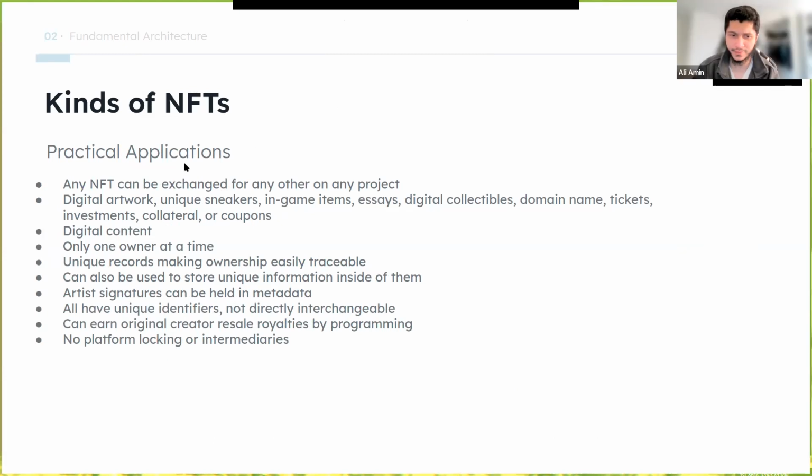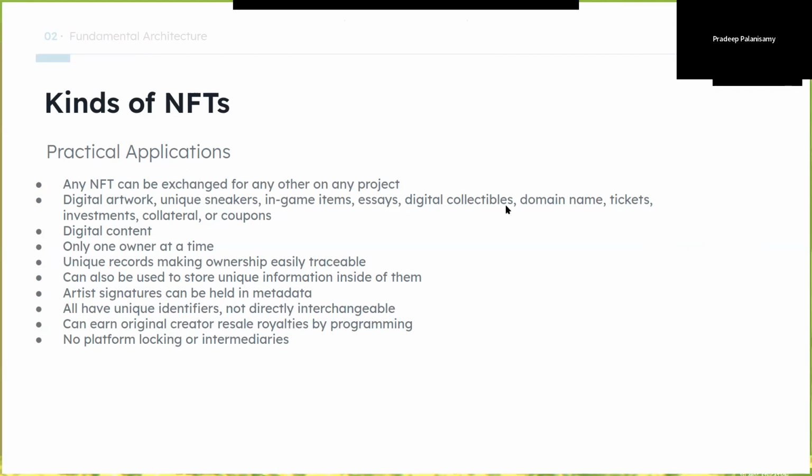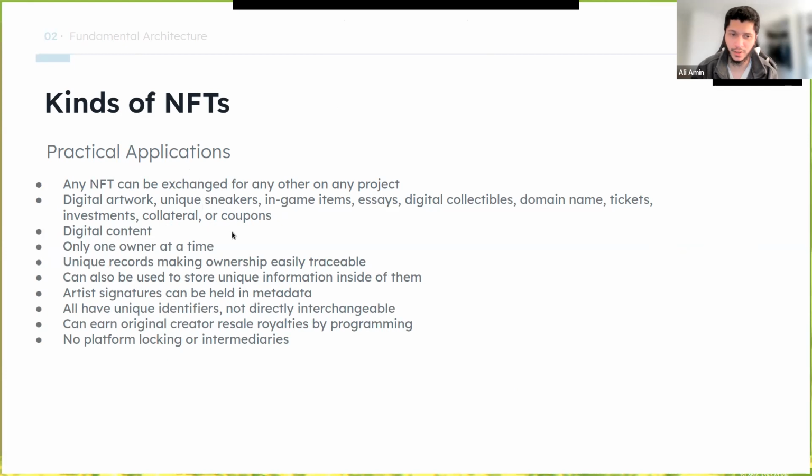So, kinds of NFTs. What are the different kinds of NFTs? You can trade any NFT for any other kind of NFT or for tokens, for cryptocurrencies, whatever. Some of the things they use it for are digital artwork, sneakers, in-game items, essays, digital collectibles, domain names, tickets, investments, collateral, coupons.